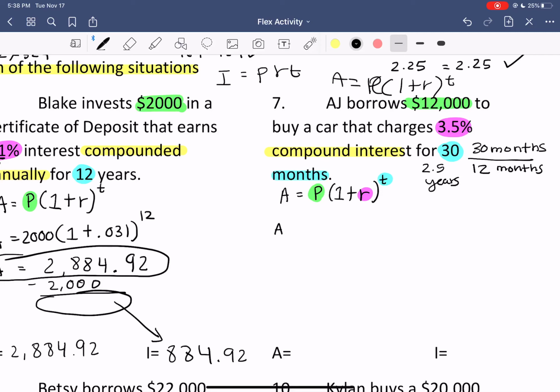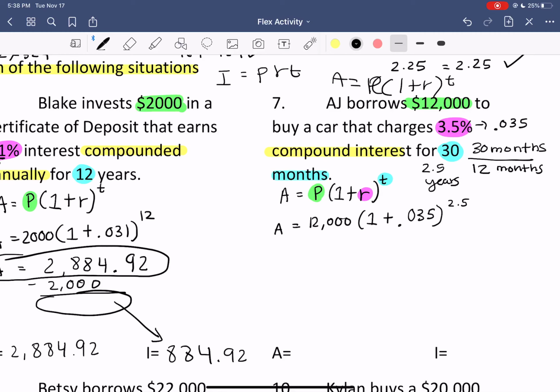So we get A equals, now I'm just substituting, 12,000 times 1 plus, again, sorry, with the 3.5 we have to divide by 100, so that's going to be 0.035 raised to the 2.5 power.